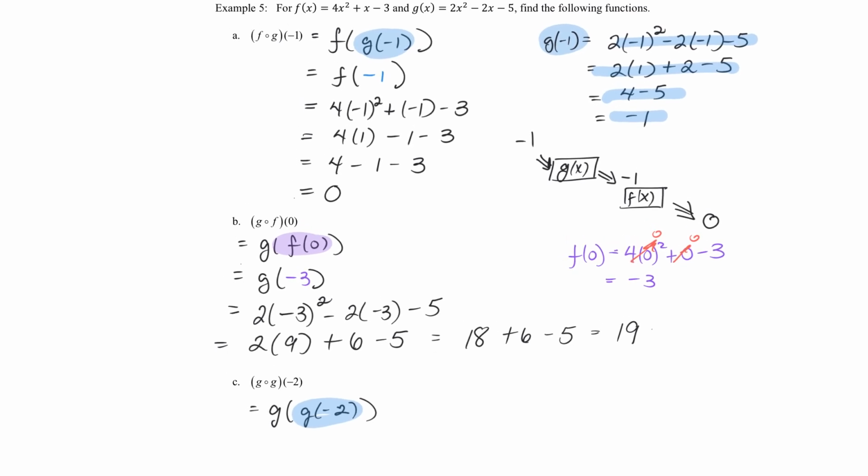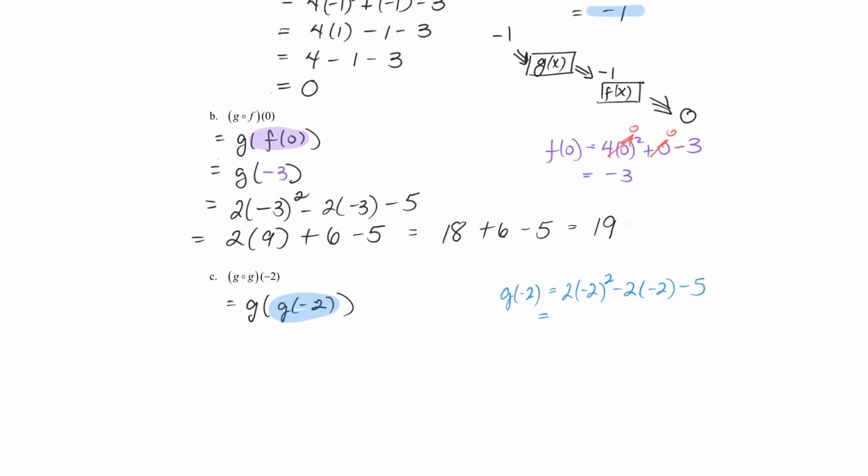So g of negative 2 is going to be equal to 2 times negative 2 squared minus 2 times negative 2 minus 5. So that's going to be 2 times 4 plus 4 minus 5. 8 plus 4 minus 5 is 7.